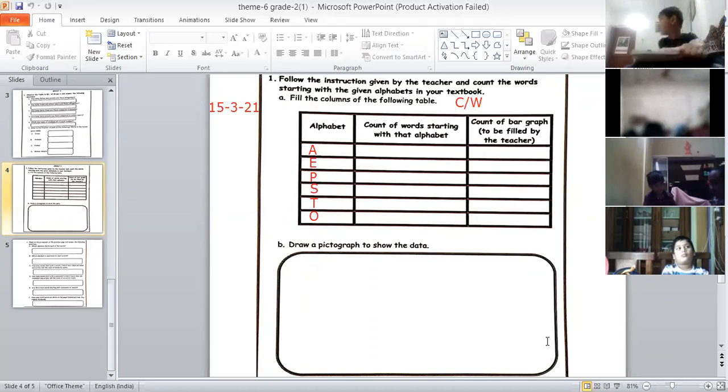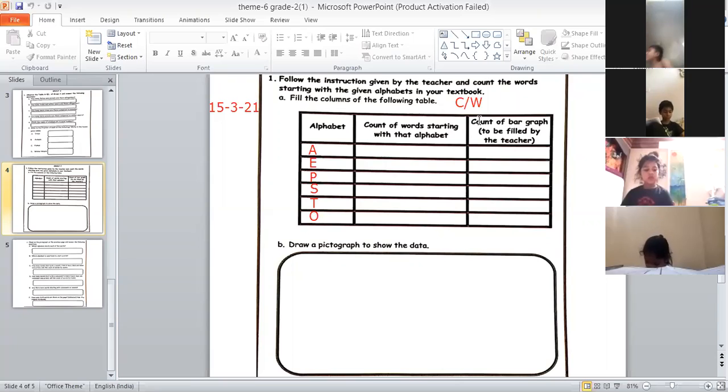Yes, Shreyan, how many? Okay. On page number 1 of your math textbook, you have to see how many words start with letter A. Like you can see, it's written in green color. Ahead: the word starts with letter A. So this is one word. Like this. Have you understood?